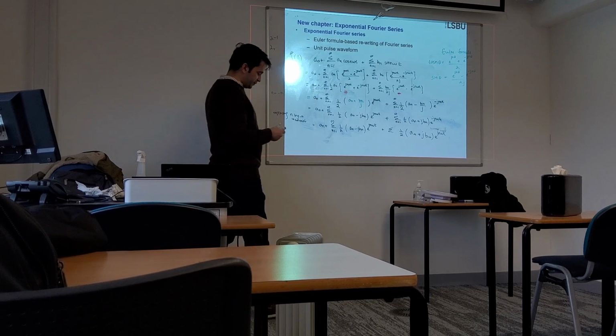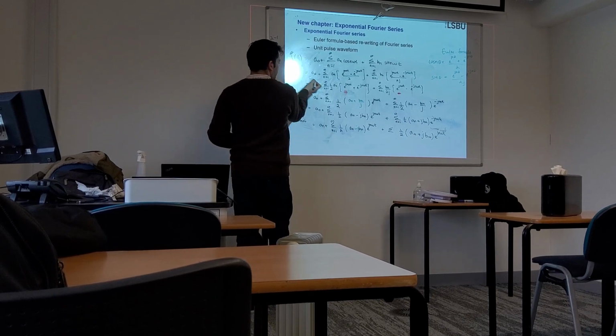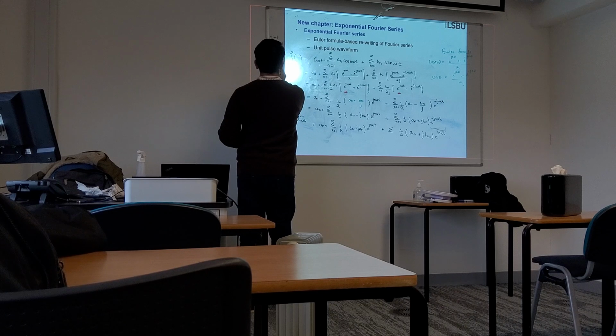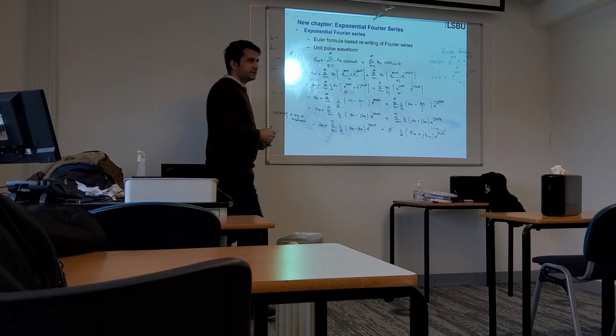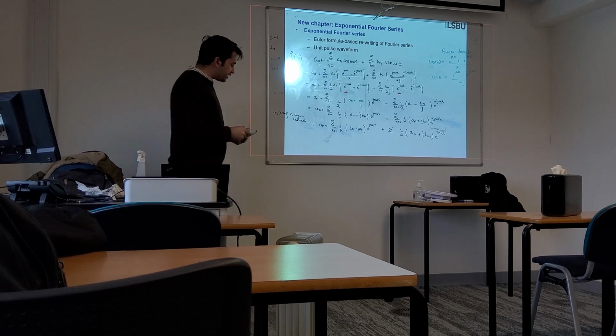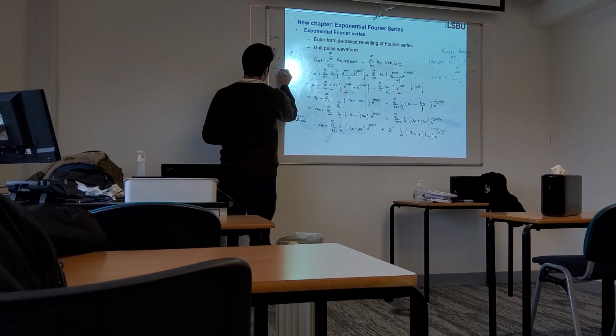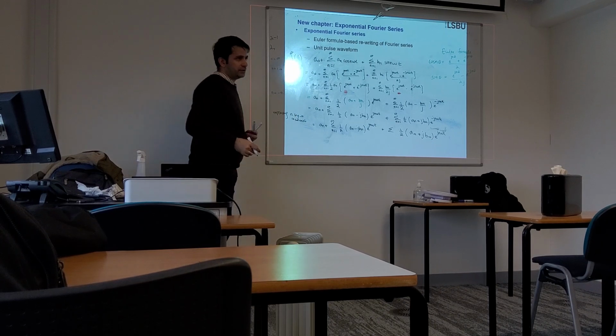Now what happens with the limits? Your actual limits were n equals 1 up to n equals infinity, right? Now we have substituted n equals to minus n. So it would be minus n equals 1, and similarly this one would be minus n equals infinity.